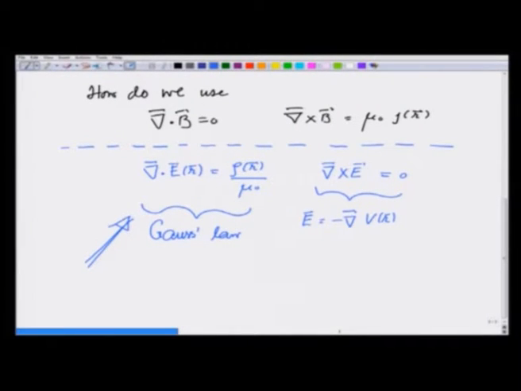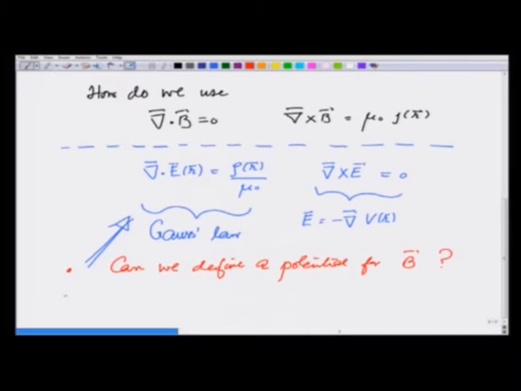So, the question we now ask is, can we define a potential for B? That is one question we ask.